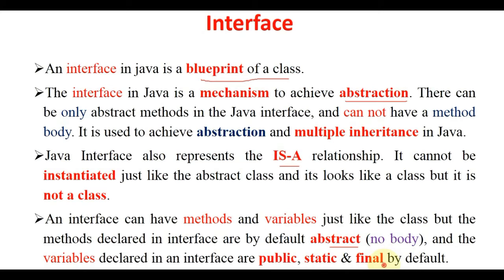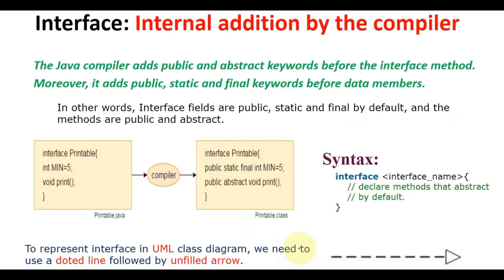We do not need to write these keywords when declaring a variable inside the interface, but the compiler will by default add these three keywords before the variable. It is similar for methods. When we declare a method inside an interface, we do not need to declare it with the abstract keyword; the compiler will automatically add the abstract keyword before the interface method.